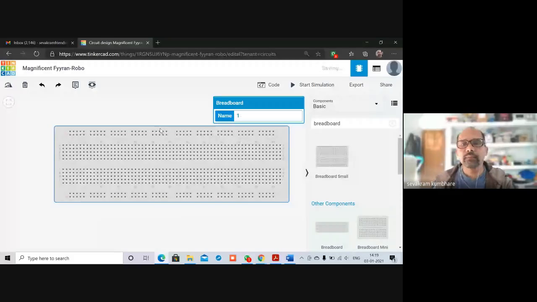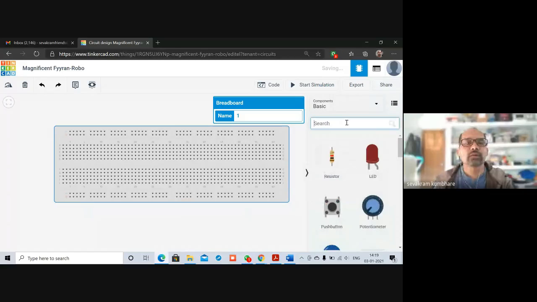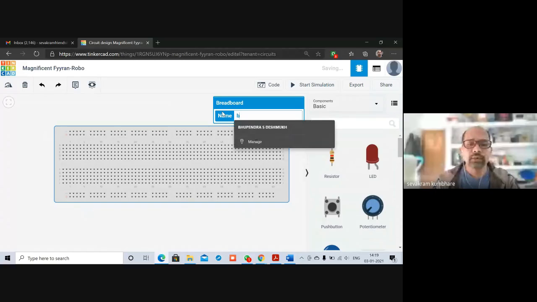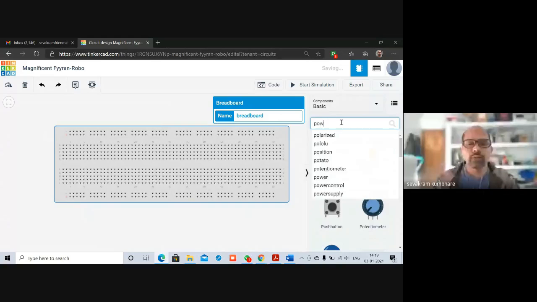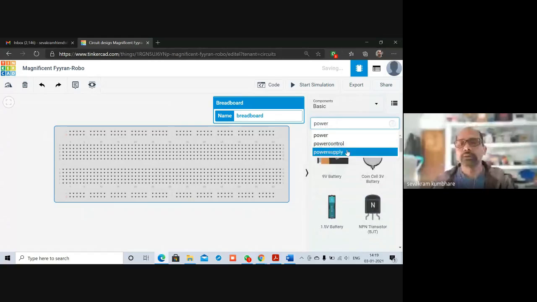Then, first of all, we'll make a power supply available. So I'm going to search for power supply. I'll give a name to this breadboard. Next, I'm searching for power supply.